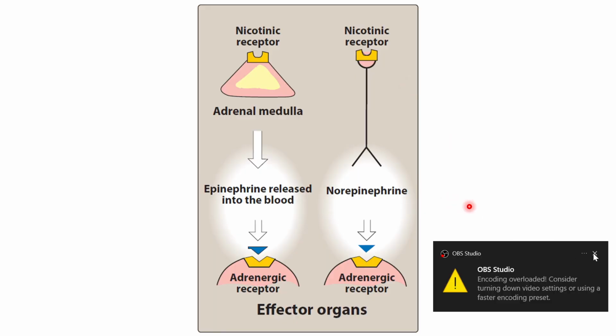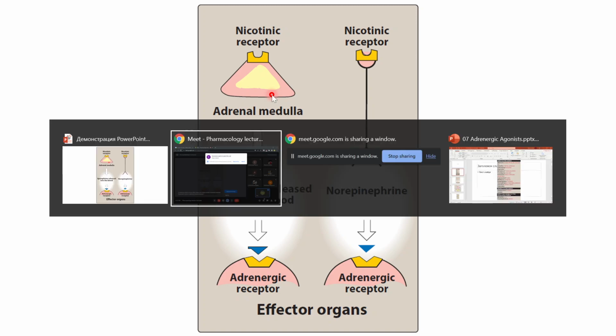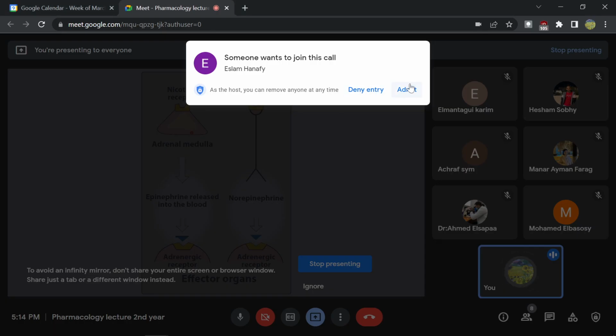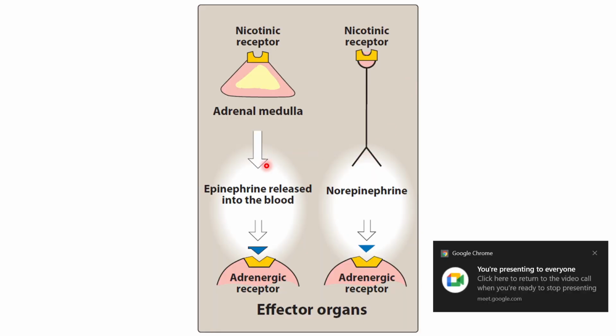Also the adrenal medulla is supposed to be the same as the large neuron that also has nicotinic receptors that are stimulated by the sympathetic nervous system, and the adrenal medulla releases epinephrine into the blood.